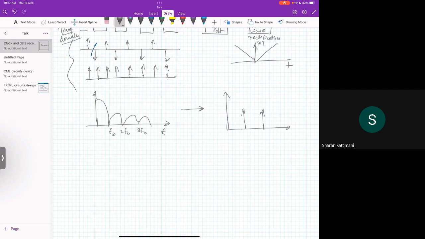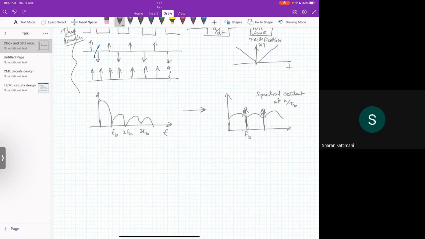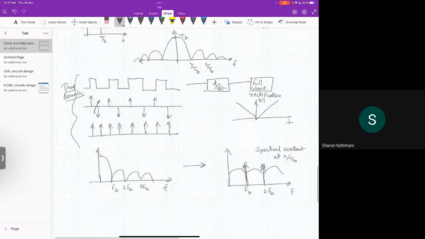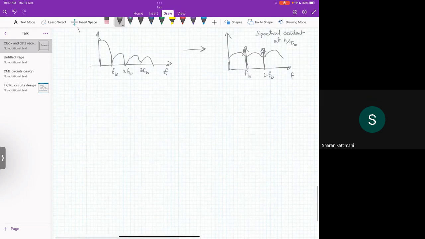So this will be converted something like this, and you will get spectral content at all the nulls. And then you can actually recover them. So this is one way of doing it.